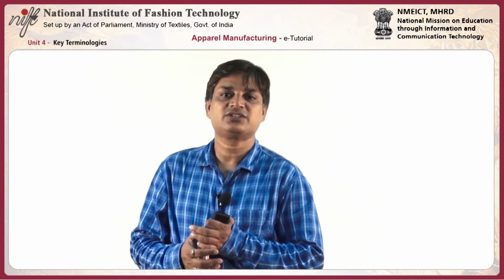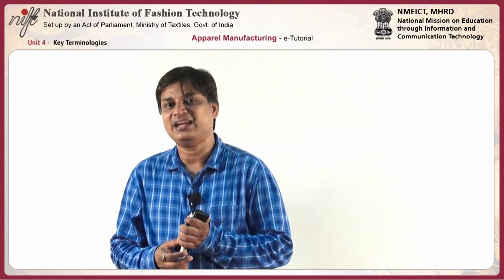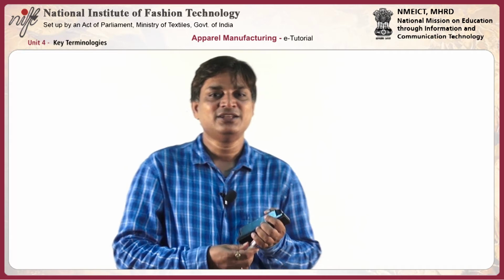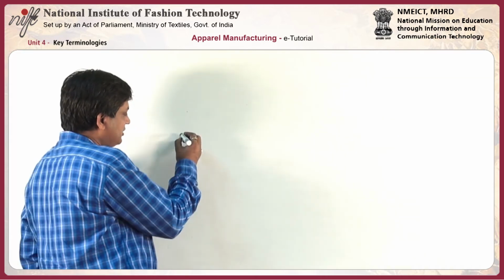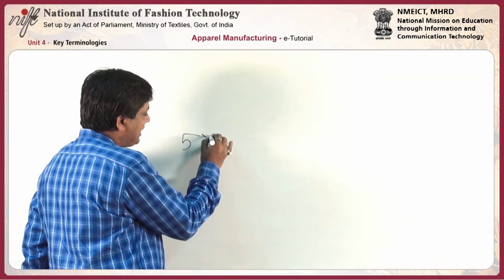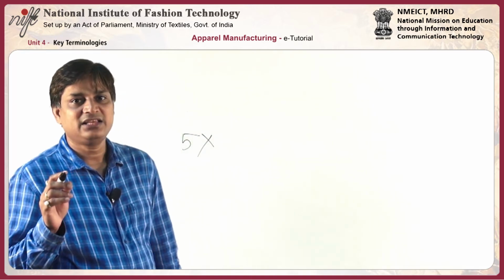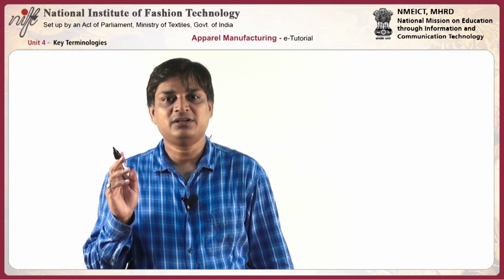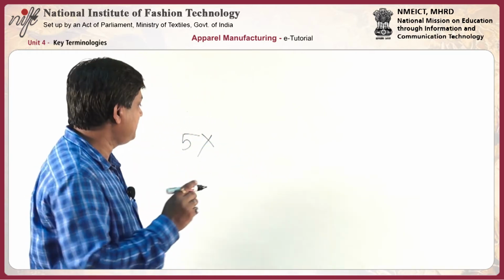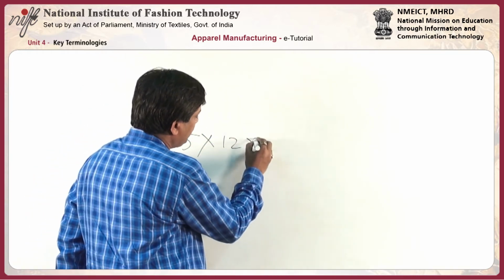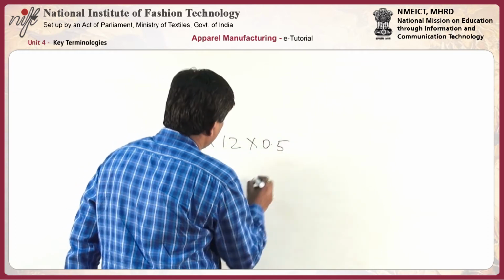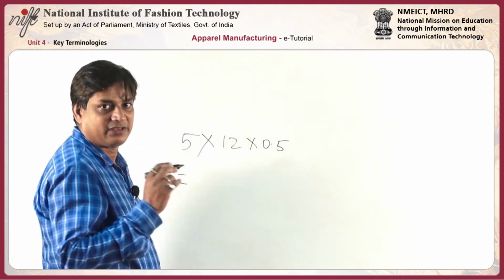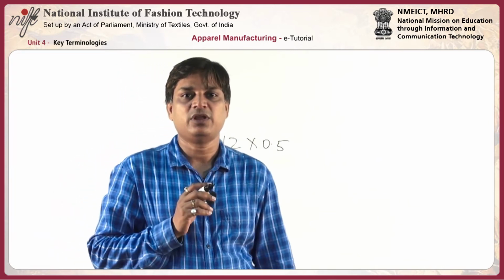Then we have 30 minutes of WIP for that operation. That is 5 into 12 into 0.5, which gives the WIP for that operation.